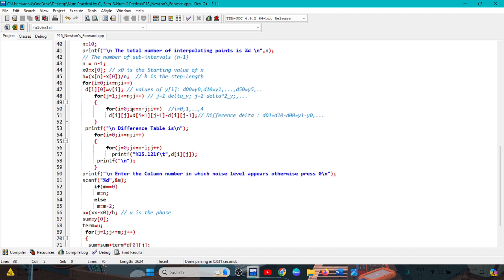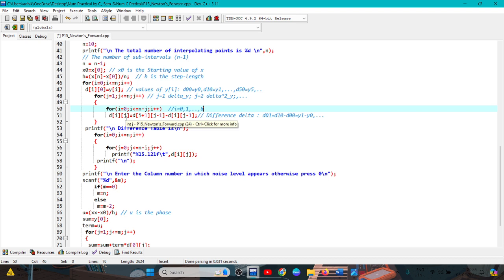So for j equal to 1, n minus j is 9 minus 1, that is 8. So i runs from 0 to 8.